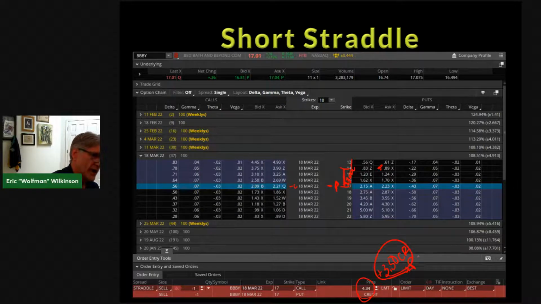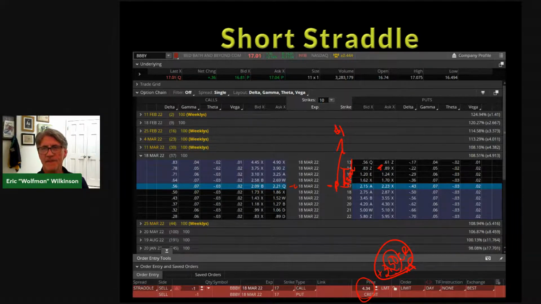So if I collect $3.50 and the market tanks down that way and is trading $1 even, if it even goes down to $1, I still get 50 cents. Does that make sense how that works? Because a short put spread is $3 wide.